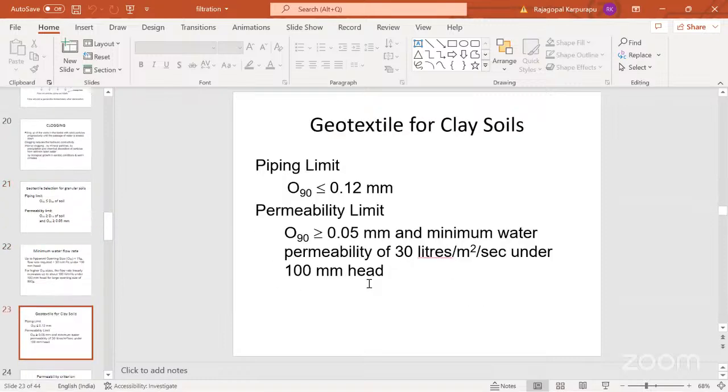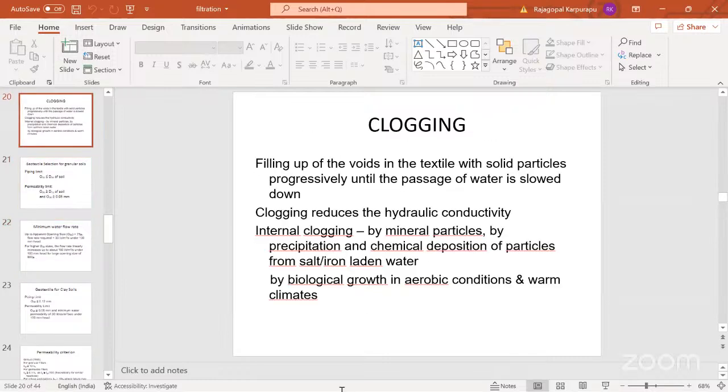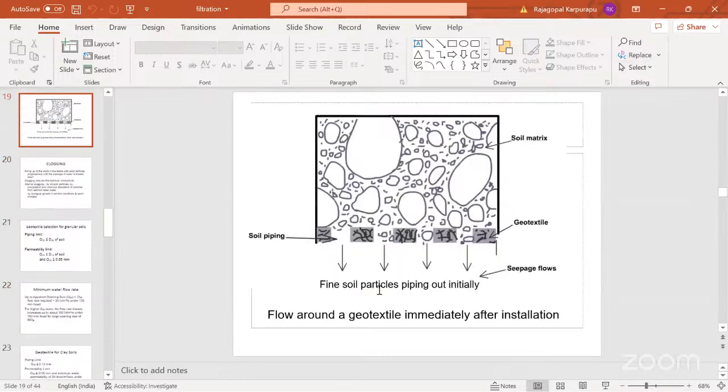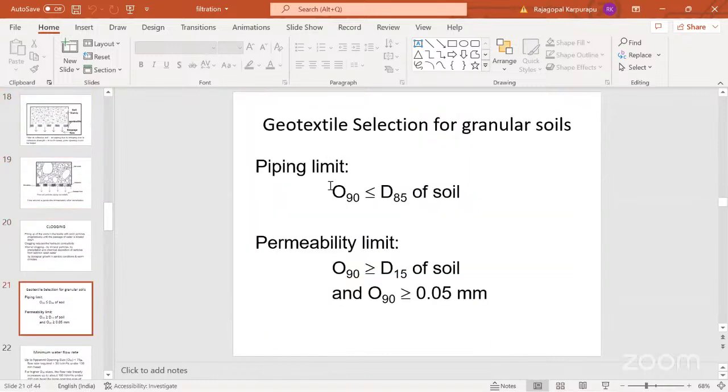Sir, what Regina has told is that if we have values of O85 and O15, we have to calculate the O90 value. Can we use interpolation? No, sorry, it is not to calculate O90. We select a geotextile that has an O90 of less than D85. It is not to calculate, but to select a geotextile having an O90 related to this D85.